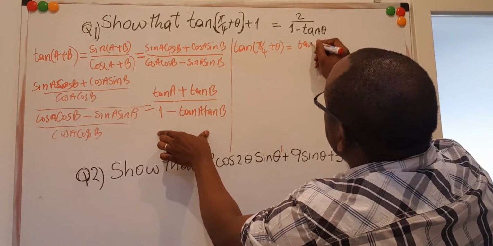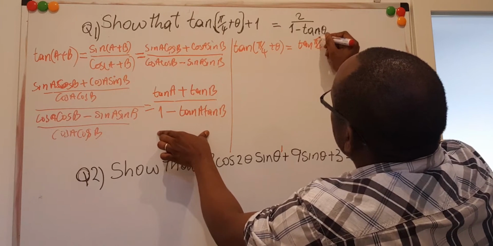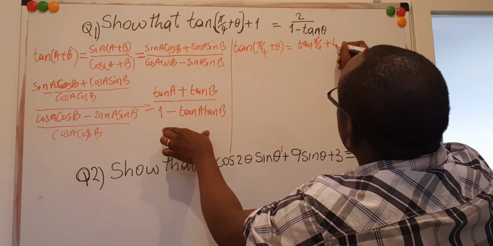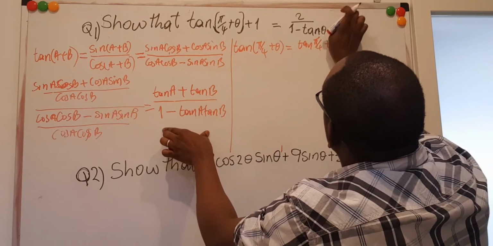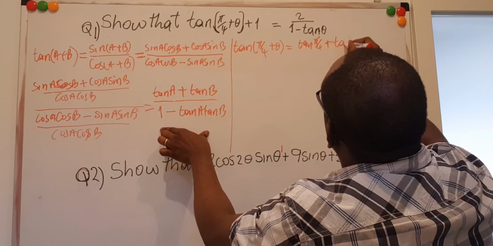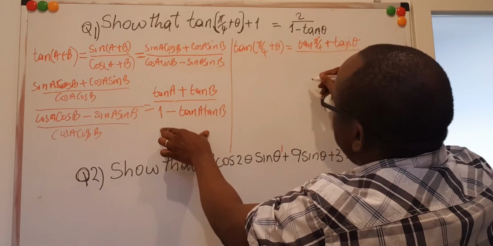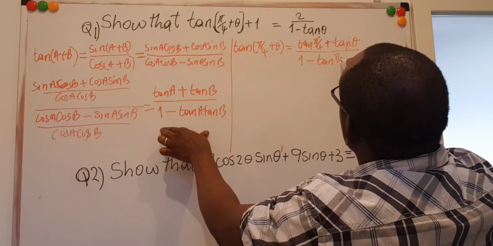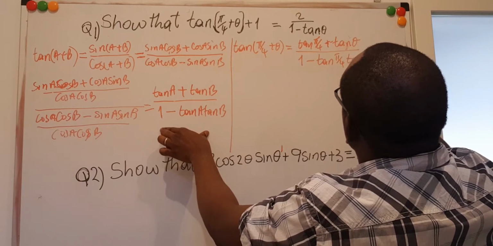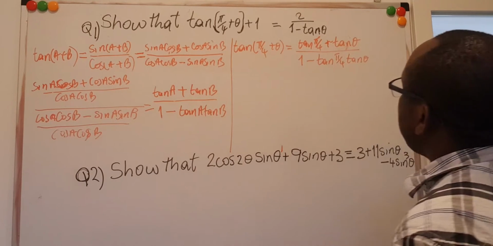So this is tangent of pi on 4 plus the tangent of theta divided by 1 minus the tangent of pi on 4 tangent of theta.